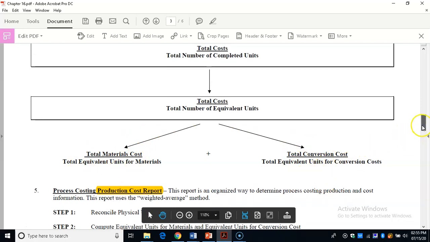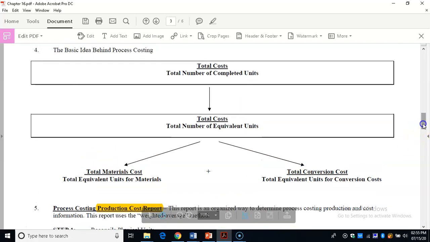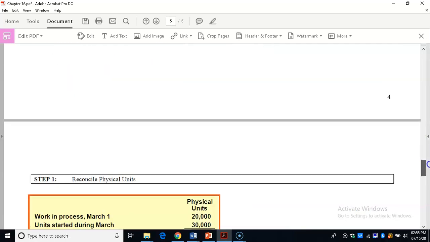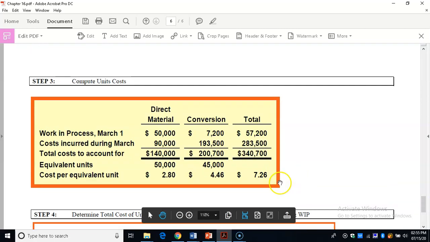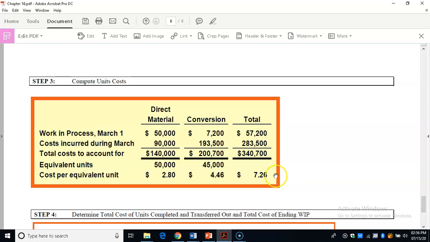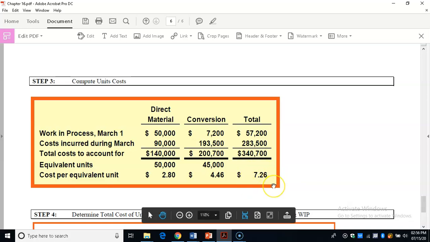So on page 3, you can see a depiction of what we're doing in step 3. Okay, so let's go back to step 3. We finished this step. And now if somebody asks you, how much does it cost to make one unit? You can say, if I'm using process costing, it costs $7.26 to make one unit.